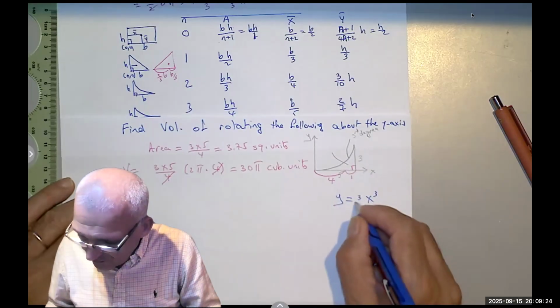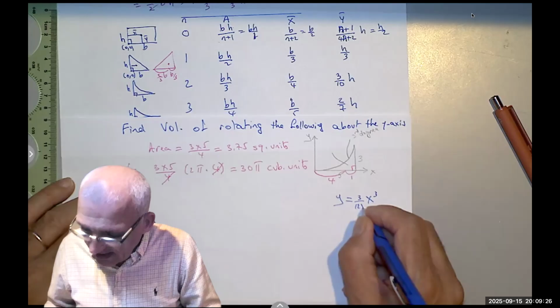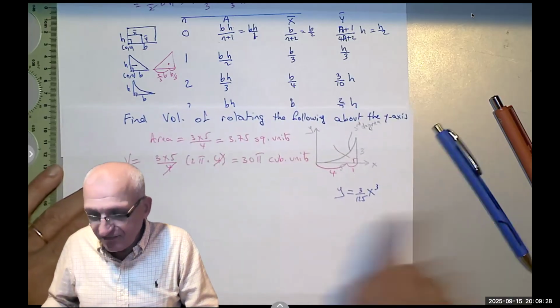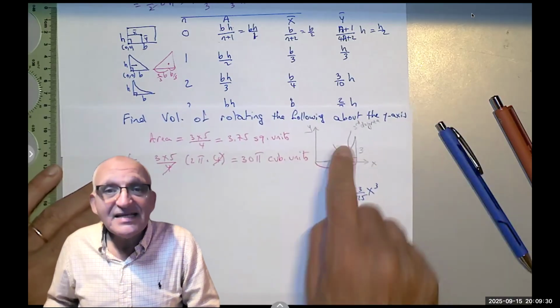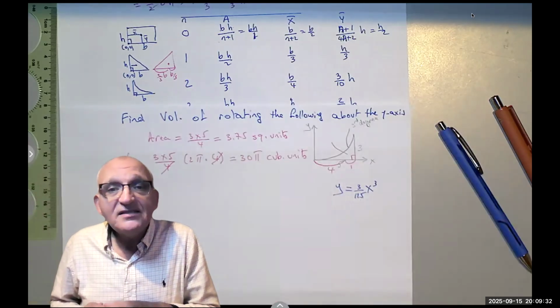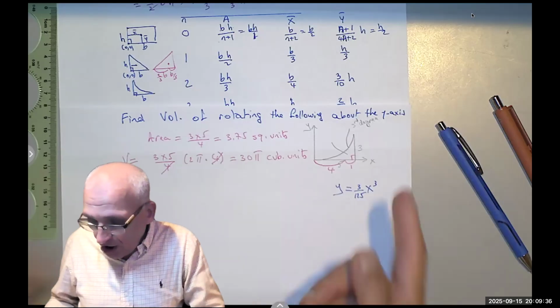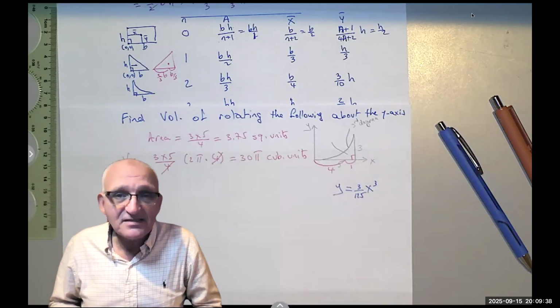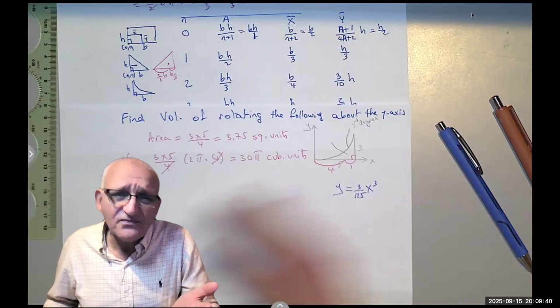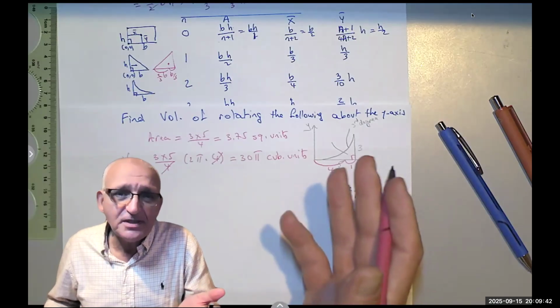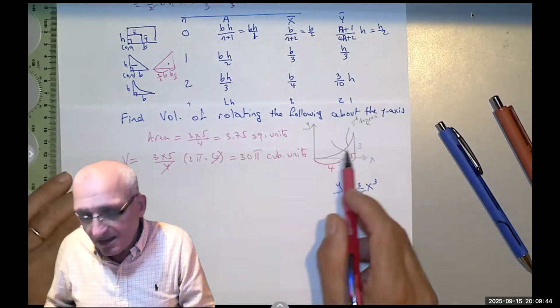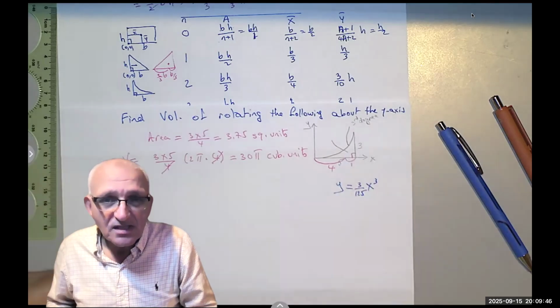So 3 over 125 x cubed. This is the function y. And let's say I want to find the volume generated using calculus of rotating this about the y-axis. We can use the method of shells.